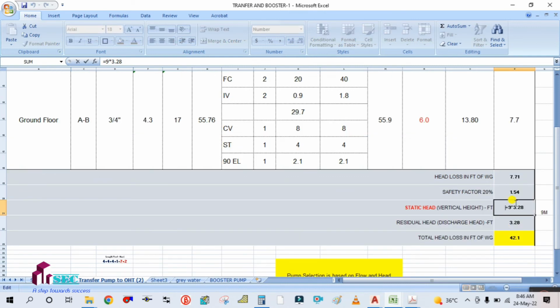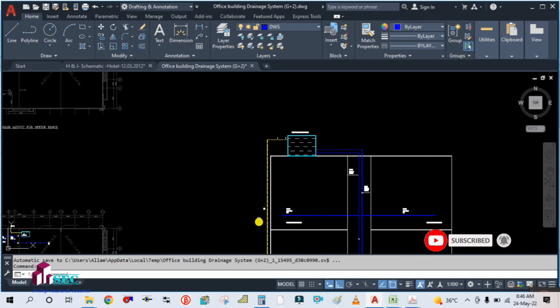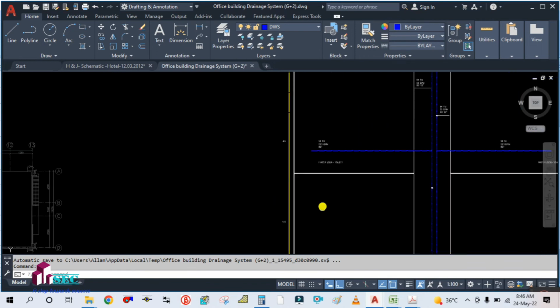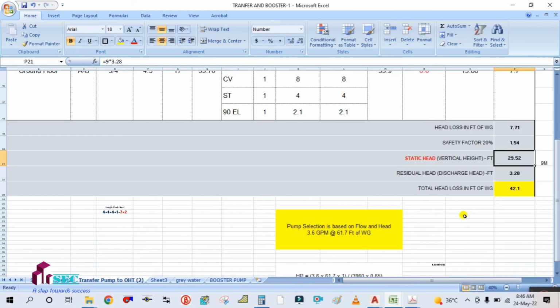That means how much is the length of the vertical pipe. The vertical pipe is 4.5 and 4.5, so 9 meters. You can see here 9 into 3.28 feet. We need it in feet, so I converted it here: 29.5 feet.